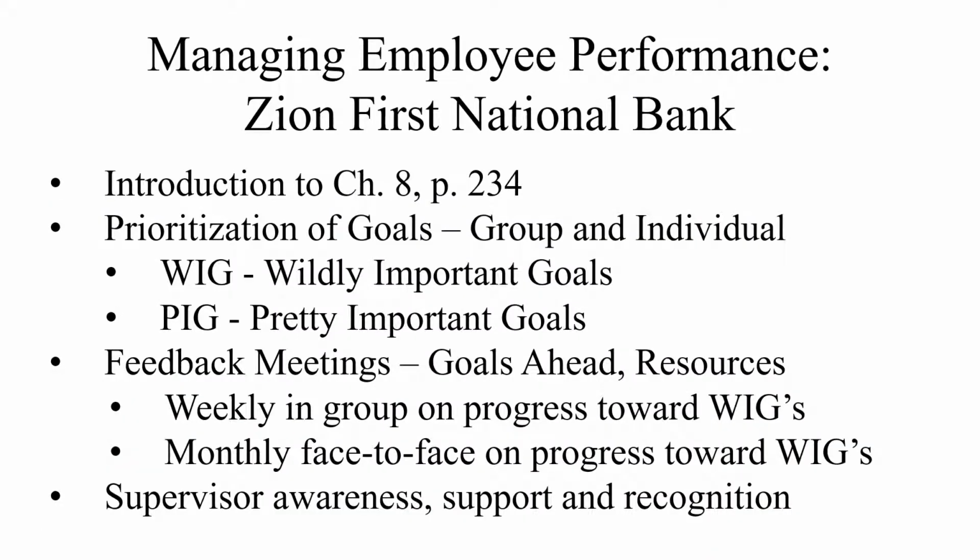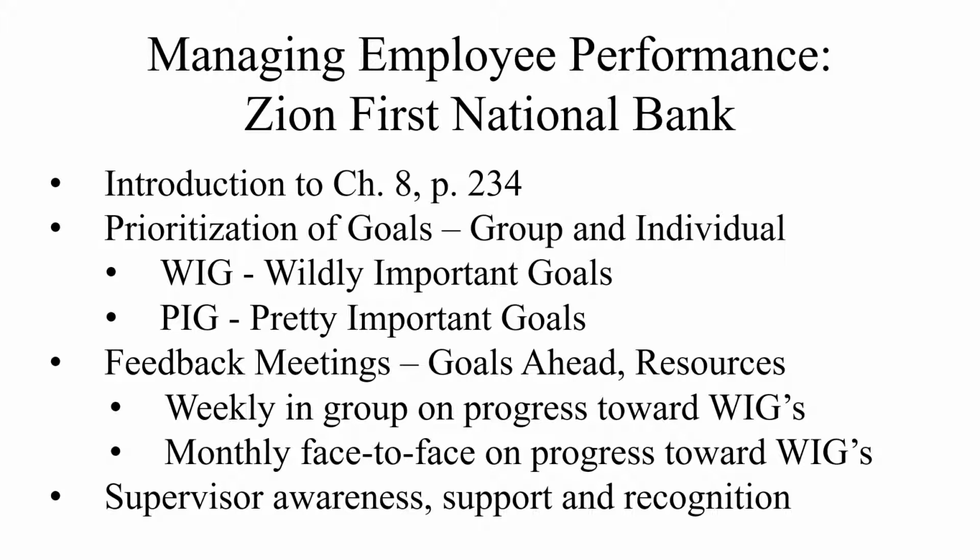I'd like to highlight part of Chapter 8's reading in its introduction on page 234, and it was on managing employee performance at the Zion First National Bank. The bank created a way of prioritizing goals for groups and individuals into wildly important goals and pretty important goals.